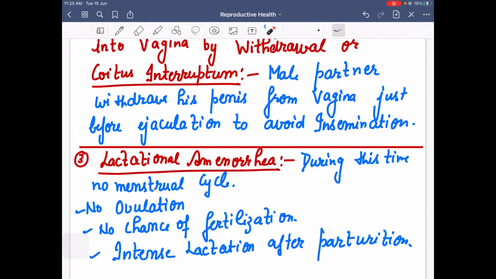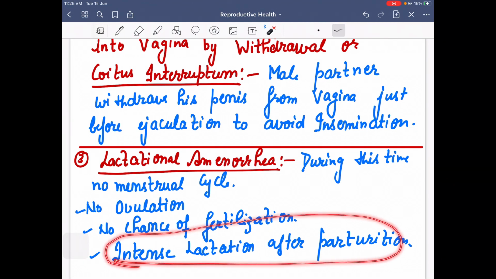So when there is no egg, and if a couple goes for sexual intercourse, there will be no chance of fertilization. But the major point is there should be intense lactation after the parturition, means after the delivery of the baby. Lactation should be intense, there should be proper lactation, right? So that is the point which should be noticed.